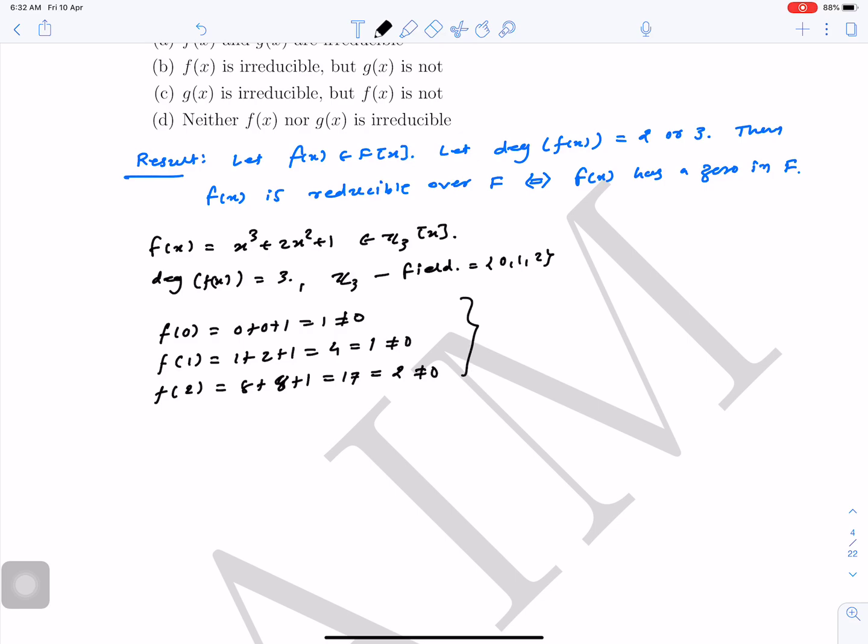So this gives me what? f(x) has no 0 in Z3, so f(x) is irreducible over Z3.